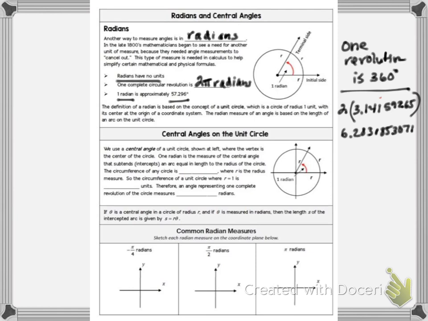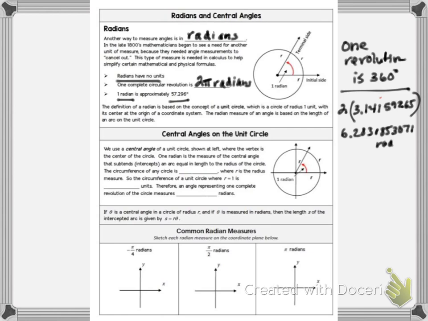So if I multiply that by 1 radian, because 1 radian is 57.296 degrees, I should get 360 degrees, because this is 6.2831853 radians.